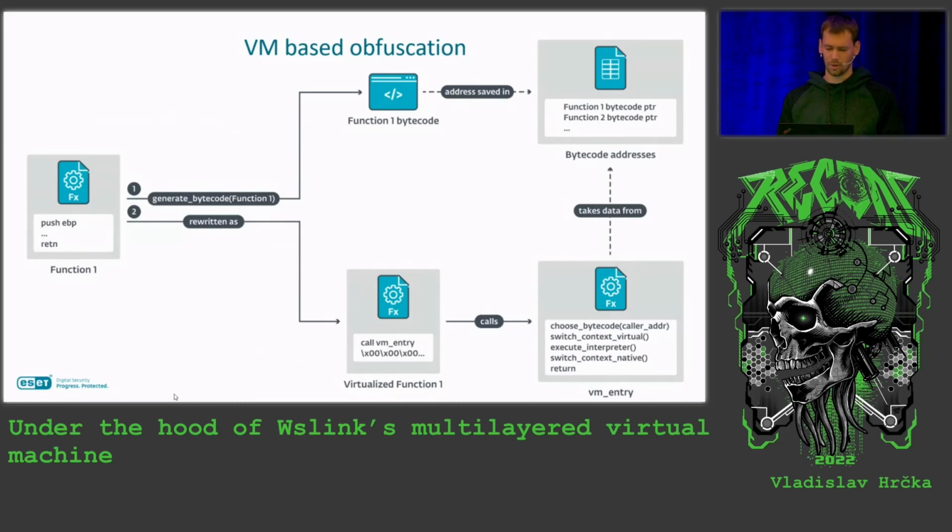And now how can one use this construct to obfuscate code? If we look at function one as an example, one can translate the original code of the function to a custom bytecode of a virtual machine, and rewrite the original code with a call to this machine's interpreter.